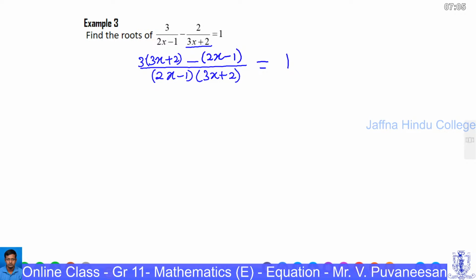To simplify, we need to remove the brackets. 3 into 3x, 9x, plus 3 into 2, 6, minus into 2x, minus 2x, minus into minus 1, plus 1, over 2x minus 1 into 3x plus 2, equal 1.